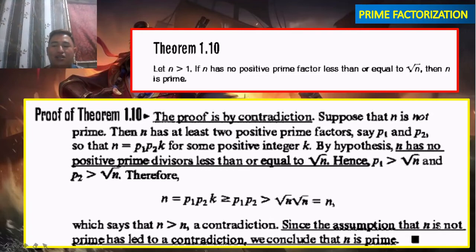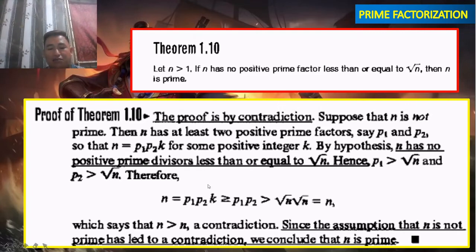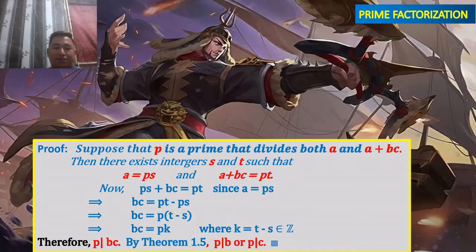Since the assumption that n is not prime led to a contradiction, we conclude that n is prime.